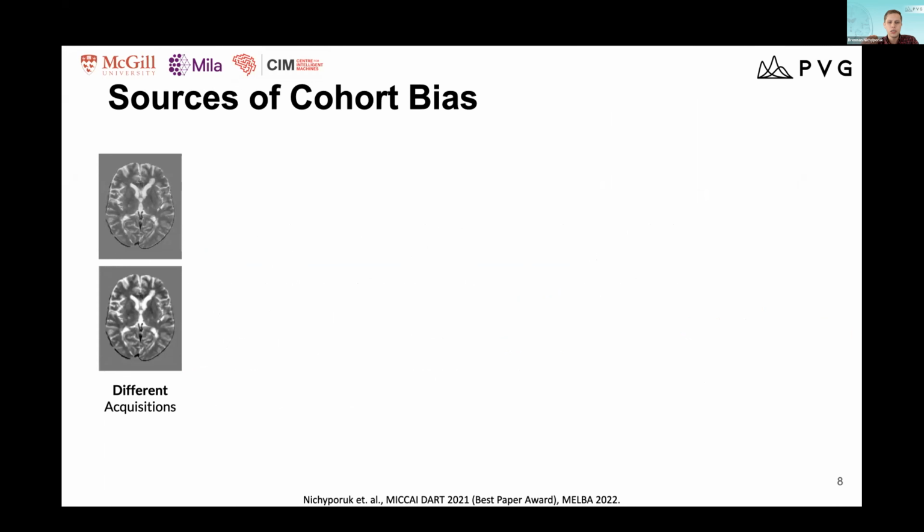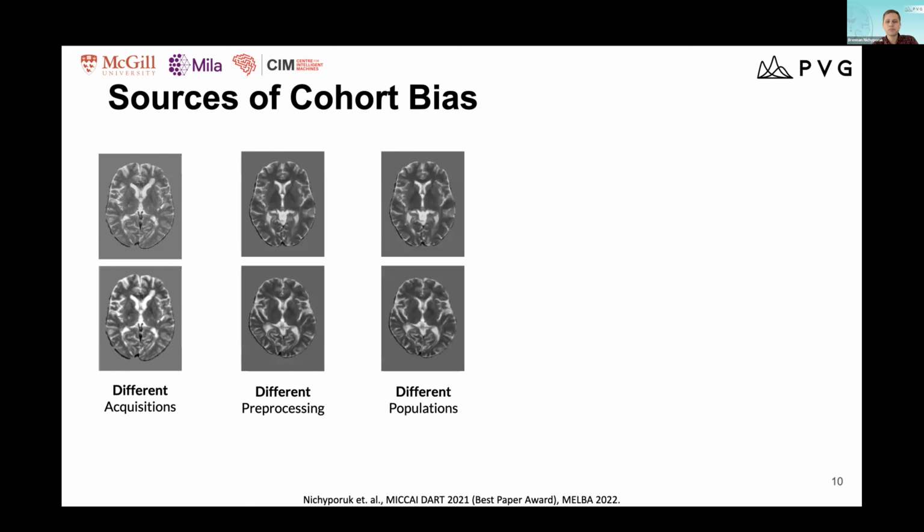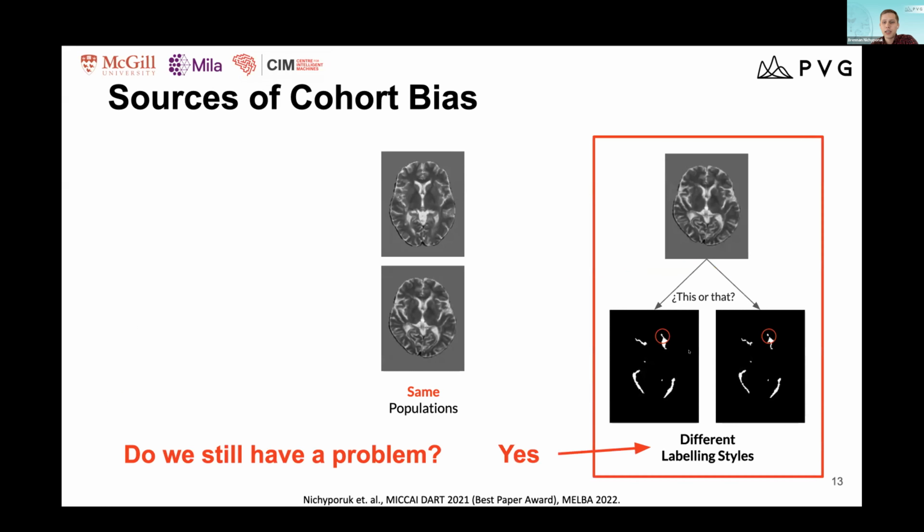It can result from different acquisition parameters, different scanners, different preprocessing, different patient populations. But let's assume for a second we control for these factors. Do we still have a problem? In practice, yes, we do.